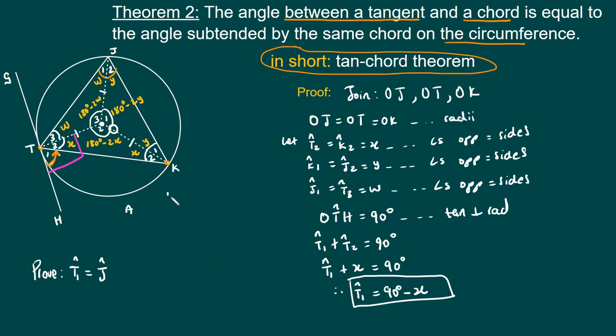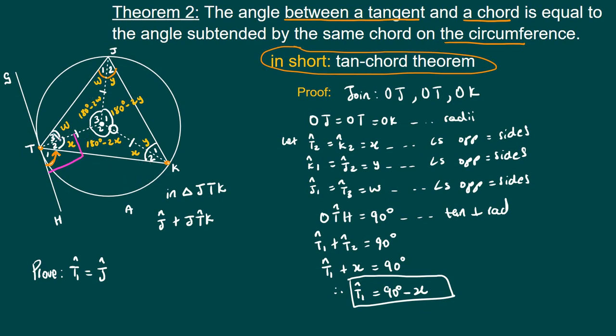So in triangle JTK, you're going to add angle J plus, be careful now, plus JTK.